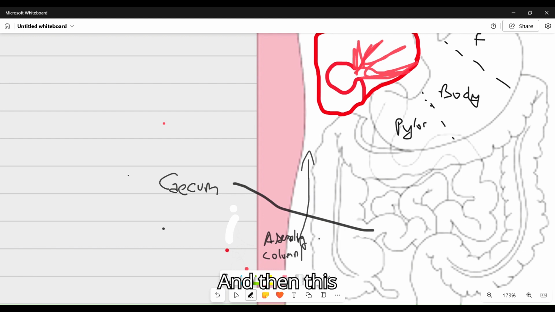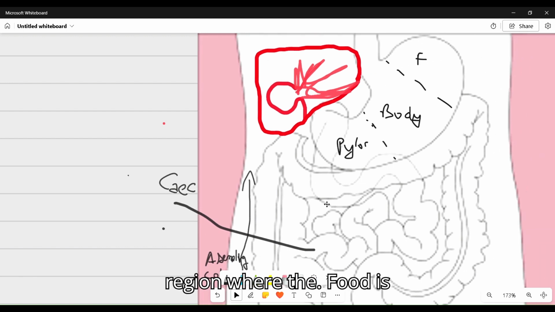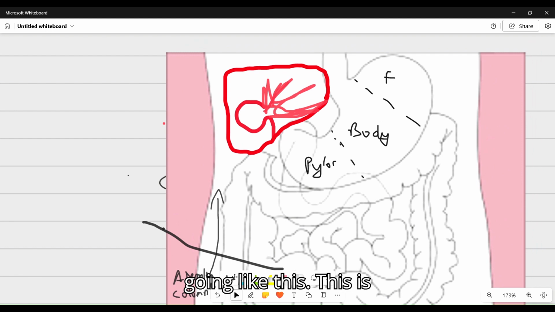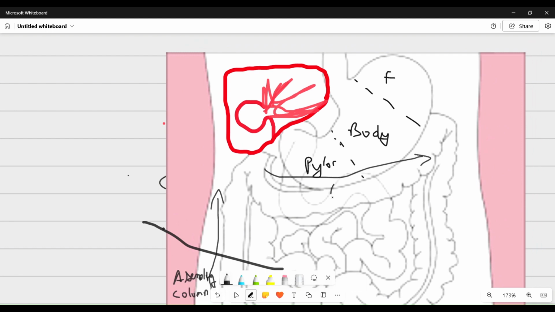Then this region where the food is going like this is the transverse column.